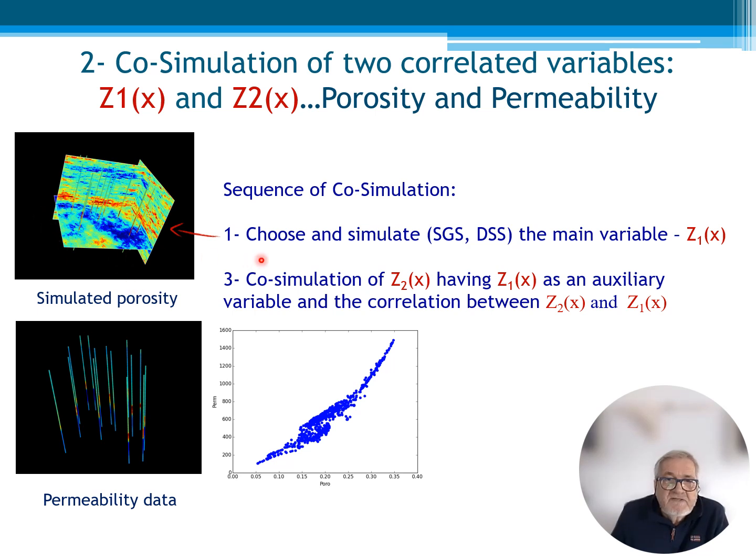First we have to choose and simulate the main variable. Just to call your attention, main means that the next variable will be conditioned to this one. So suppose that we choose Z1 here. Now we co-simulate Z2 having Z1 as an auxiliary variable and the correlation between them.